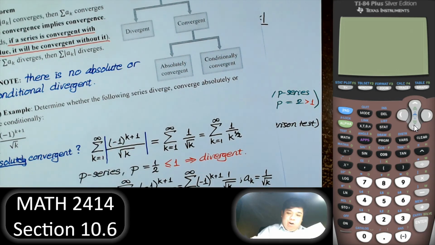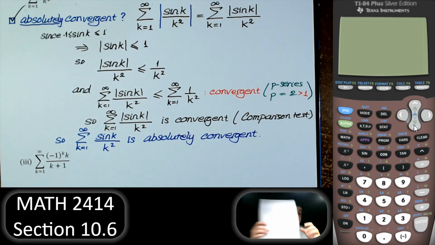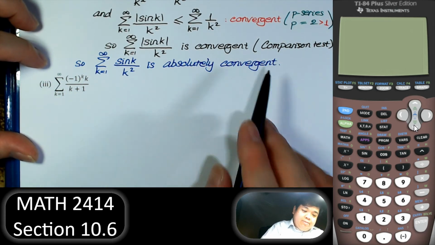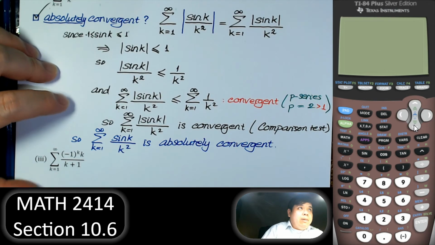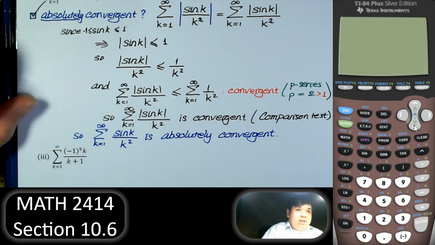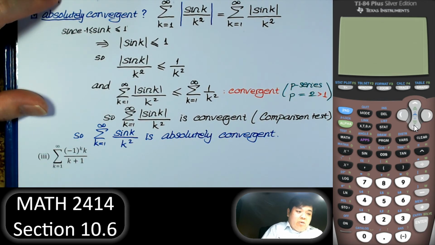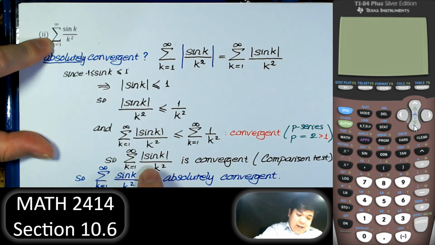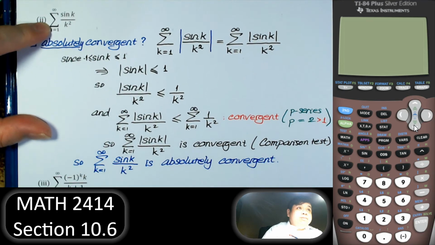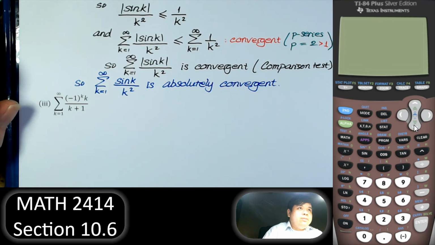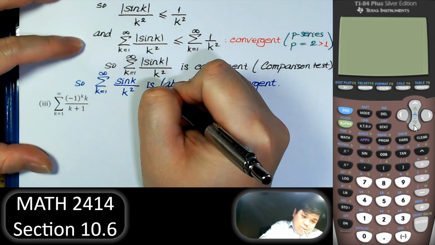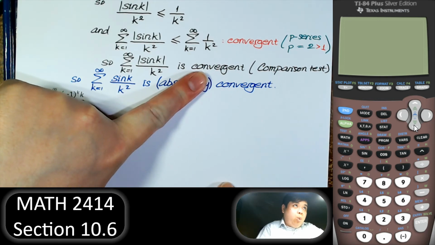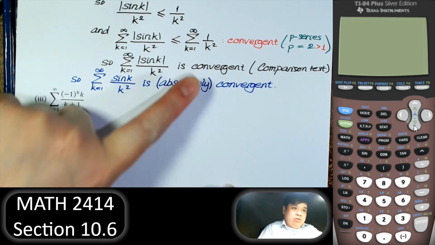Convergent is an adjective. Anyway, so absolutely convergent. That's good. Then we don't have to go any further. So that one is convergent without the absolute value. So this is convergent, and this is convergent as well. We can just put parentheses around the absolute value. It can be convergent without the absolute values as well.